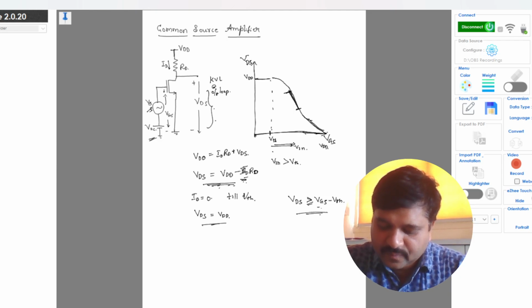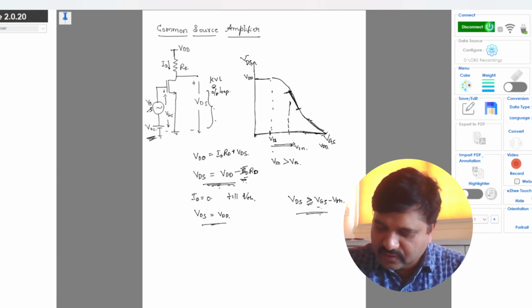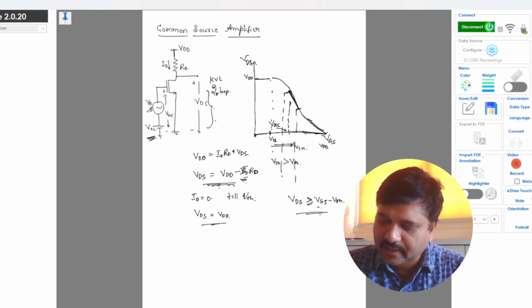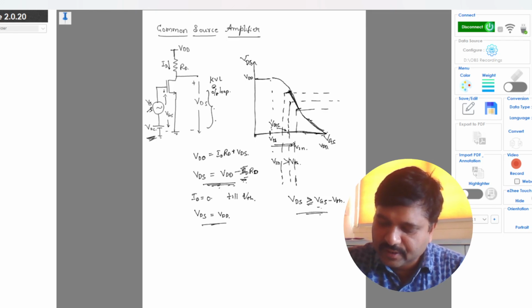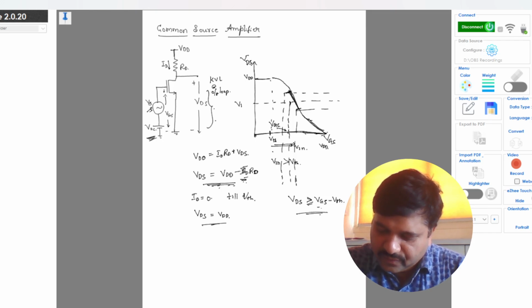You apply the VGS, and you operate in this region, which is basically an operating region, and this is your output voltage, and corresponding to this is your VDS. And corresponding to this is your VGS.